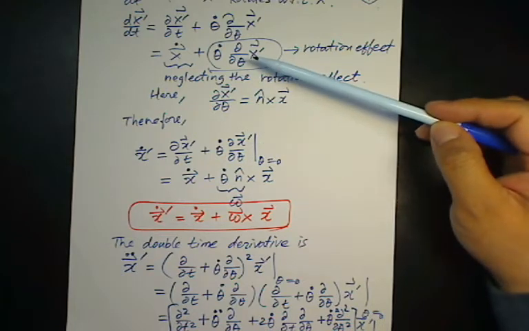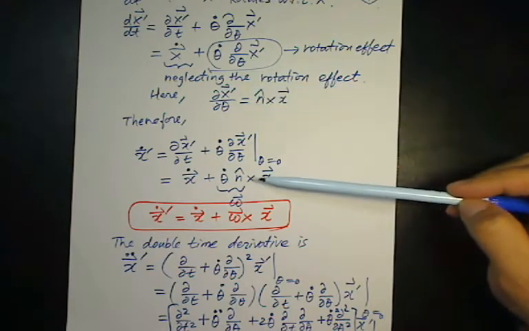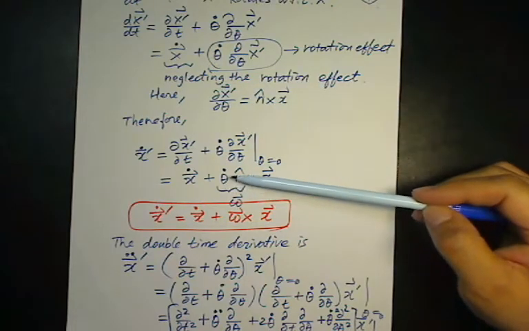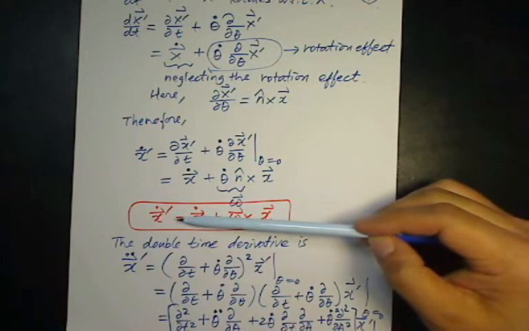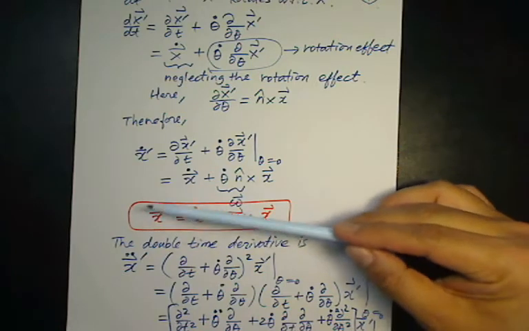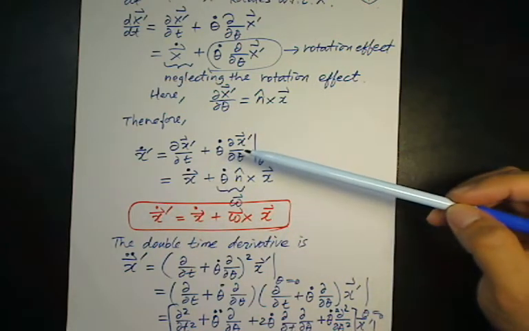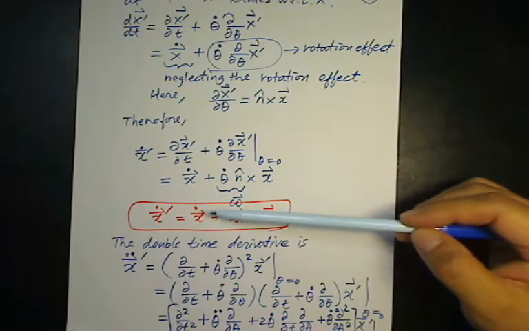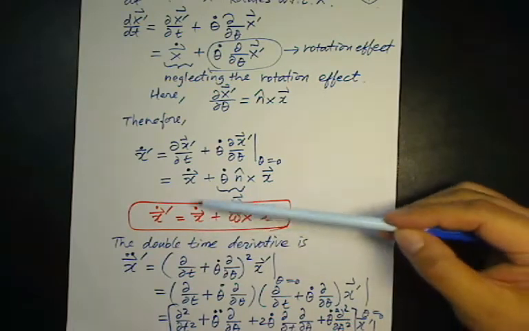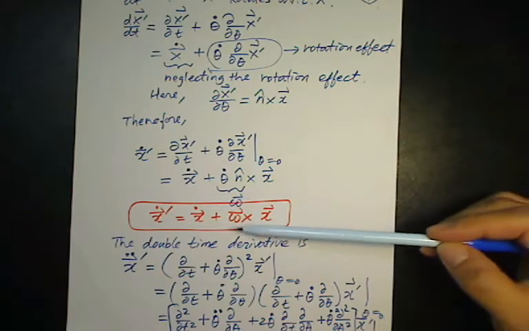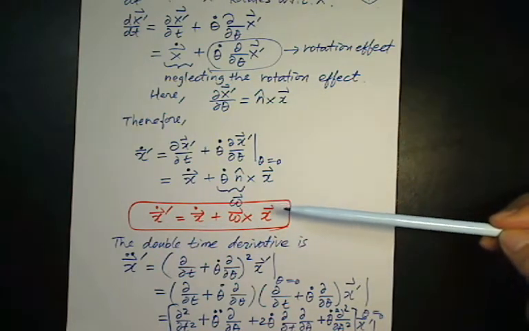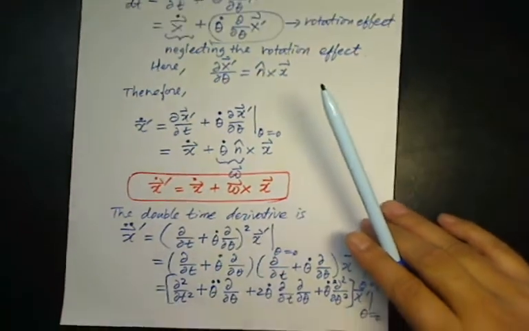So by chain rule, this one is n hat cross x, and this one is theta dot. Combining these two pieces, the velocity of a particle can be expressed in terms of the velocity of a particle measured at the rotating frame, and the additional velocity generated by the rotation of the axis.